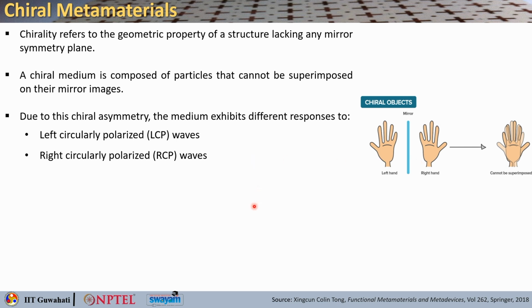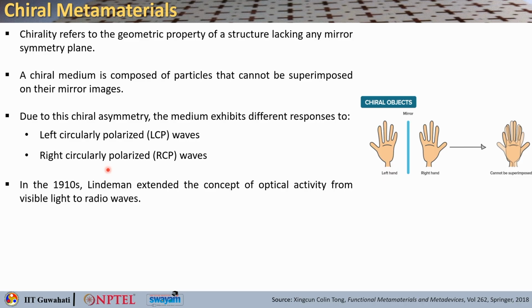So, due to this kind of chiral asymmetry, any medium that has unit cells, or meta atoms, made of this kind of chiral structure will basically exhibit different responses to a left circularly polarized wave and a right circularly polarized wave. So, these two different polarizations will see different kinds of responses, right. In the 1910s, Lindemann extended the concept of optical activity from visible light to radio waves, okay.